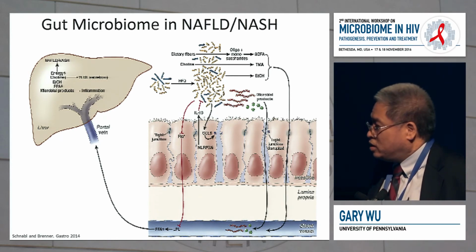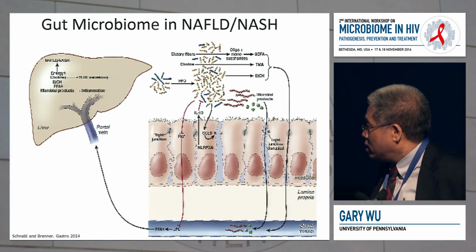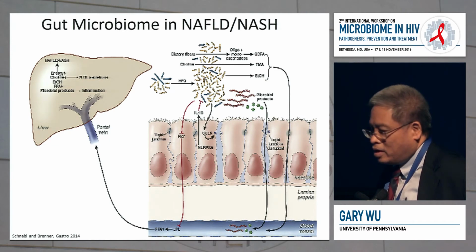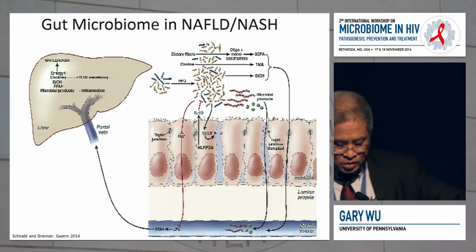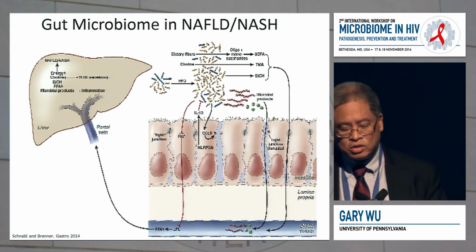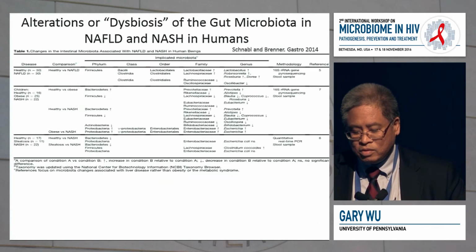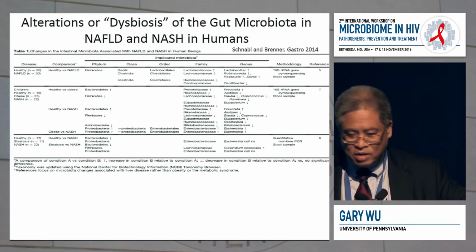So the issue is that the microbiota can transmit signals to the liver, but the leaky gut is a common theme in a lot of these diseases in which the microbiota is trying to communicate to the host. And that'll be an important concept that I'll come back to towards the end of my talk.